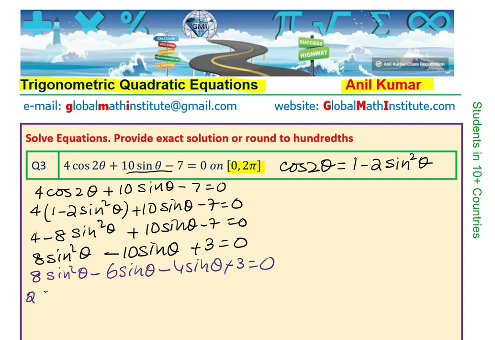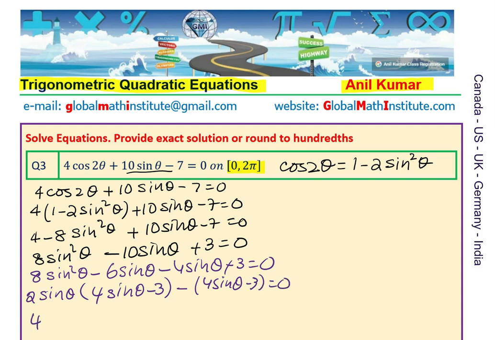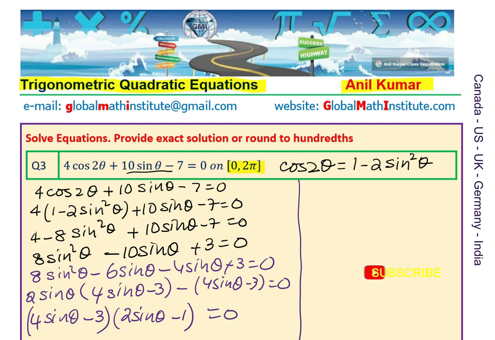Factor by taking out 2 sine theta common, we get 4 sine theta minus 3, and already we have minus 4 sine theta minus 3 equals 0. So 4 sine theta minus 3 is the common factor. We get 2 sine theta minus 1 as the other factor equals 0.